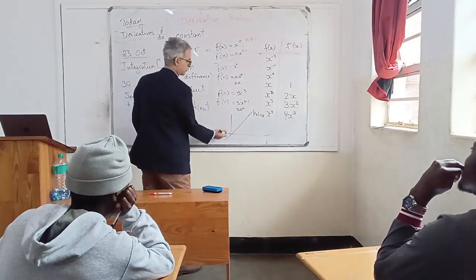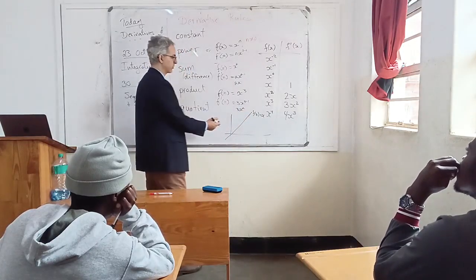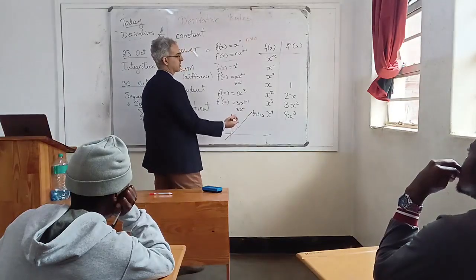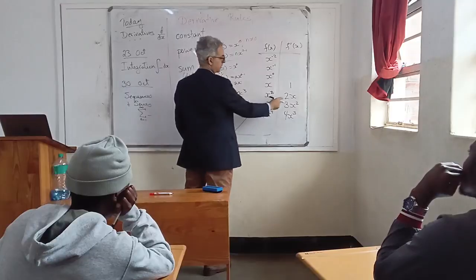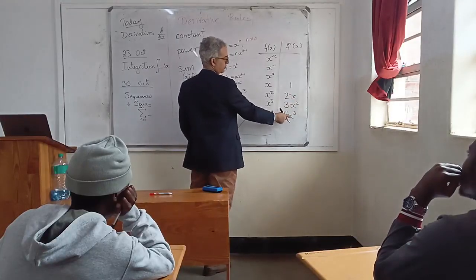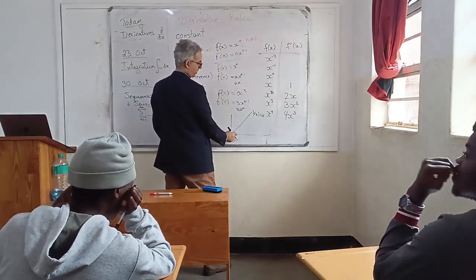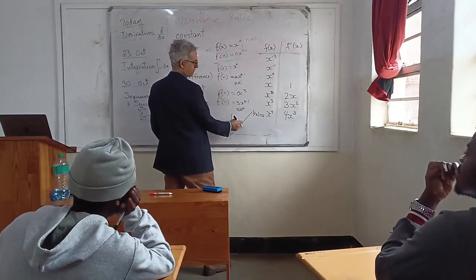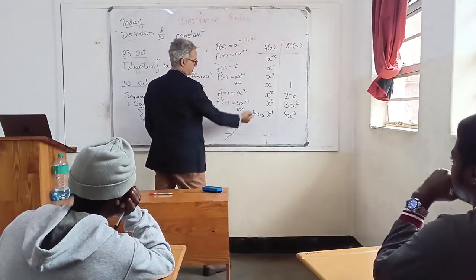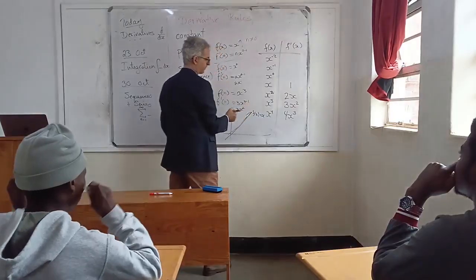We expect that the slope is the same everywhere, right? If the slope is the same everywhere, then it's a constant, which means the derivative must be a constant, so it can't depend on x. The slope should not change as I change x. The slope here is the same as the slope here, is the same as the slope here. Everywhere it's the same slope, and specifically it's the slope 1.